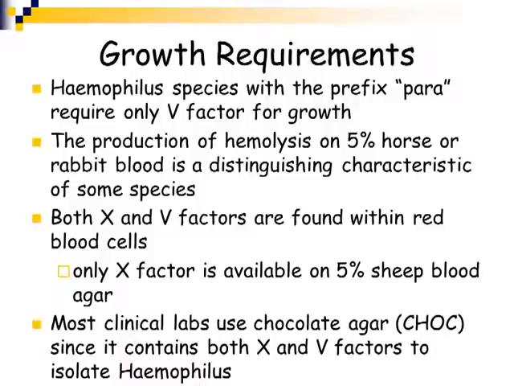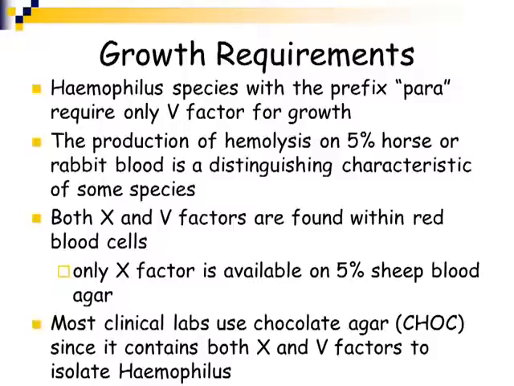Now, some of the species of Haemophilus will hemolyze 5% horse or rabbit blood. That's another distinguishing characteristic, if they will cause hemolysis when you grow them on horse or rabbit blood agar.